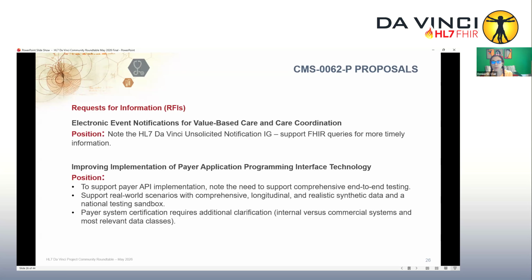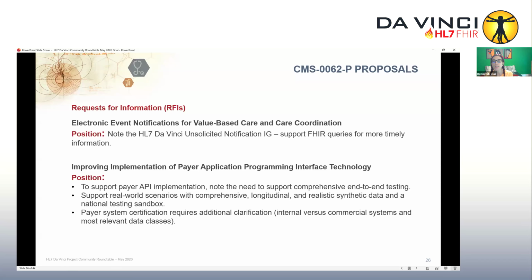It supports FHIR queries for more timely information. So the community is noting that a lot of the ADT messaging going back and forth cannot always get there as timely as it could, and that the content of the message may not be quite what is needed on the receiving end.